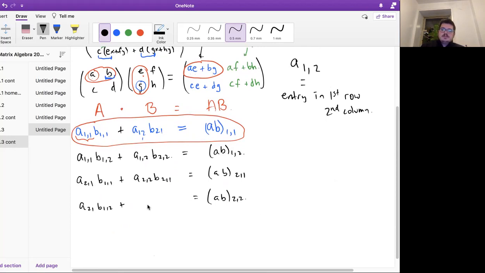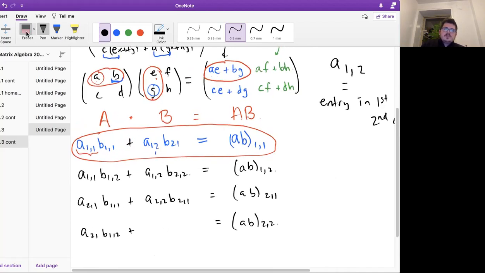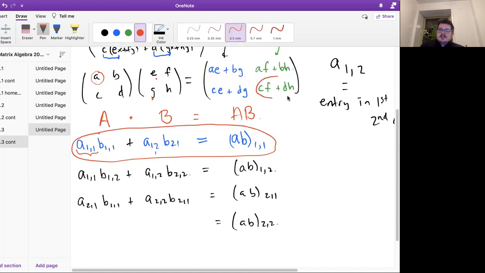All right, how about someone read for me the last one? So AB22 is this entry here. Can someone read CF plus DH in terms of the index notation?